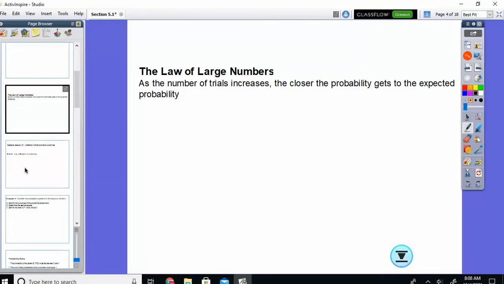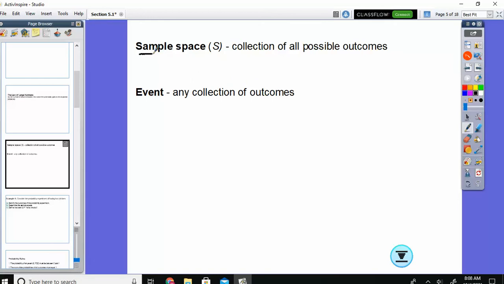Okay, so a few other terms that we're going to be using. We'll talk about a sample space. We use the capital S to denote that. And that is just a collection of all possible outcomes. So if I am flipping a coin, what would my sample space be? Yeah, heads or tails.